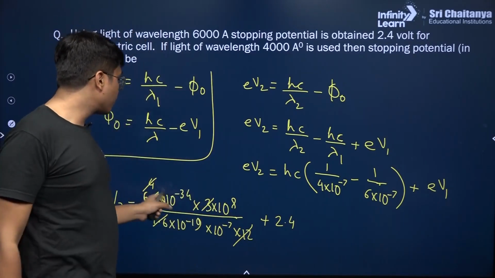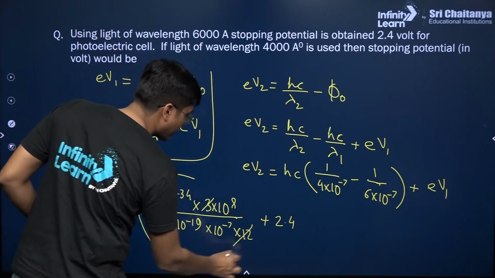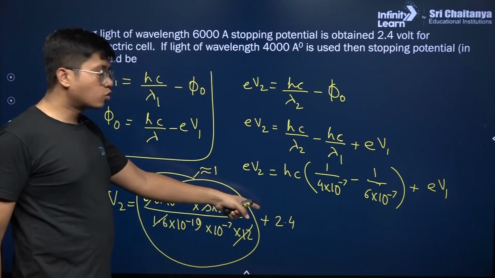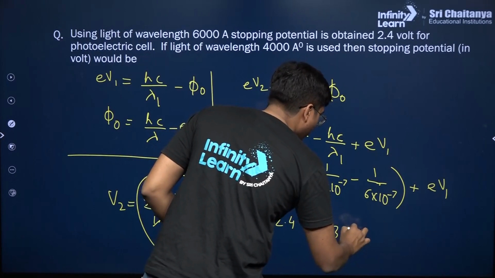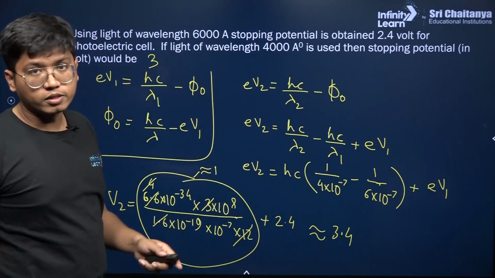Minus 34 plus 34, you'll cancel. This part is only going to contribute about 1. The entire contribution of this part is roughly equal to 1. So 1 plus 2.4, you'll roughly get around 3.4. So your answer here would be 3, because you need it in whole numbers.